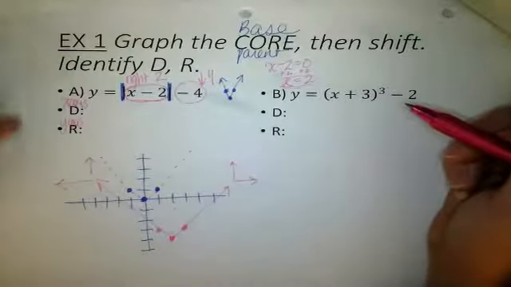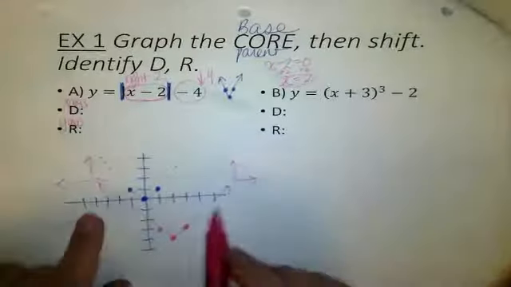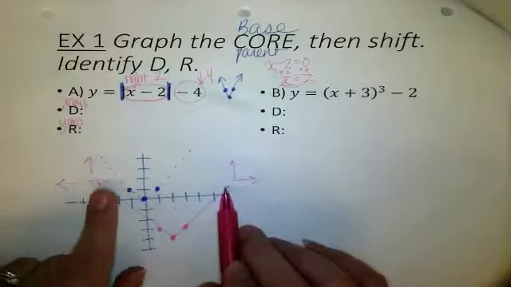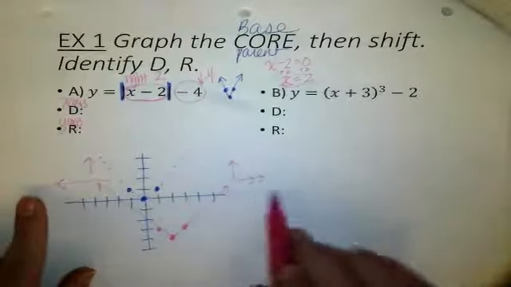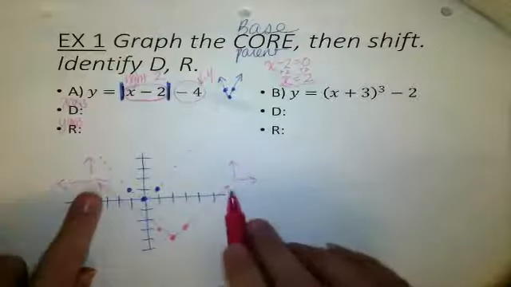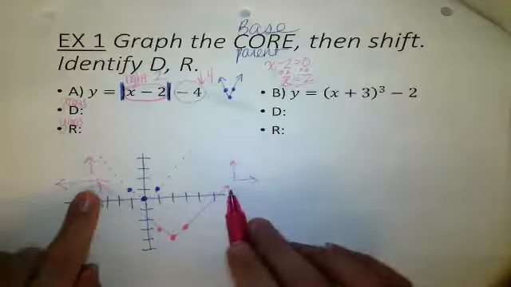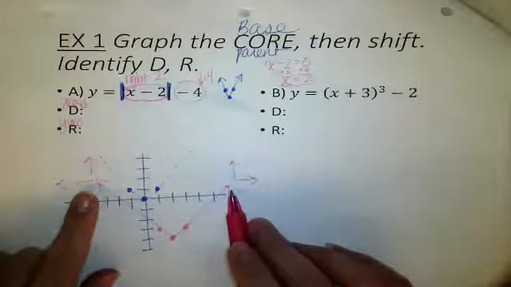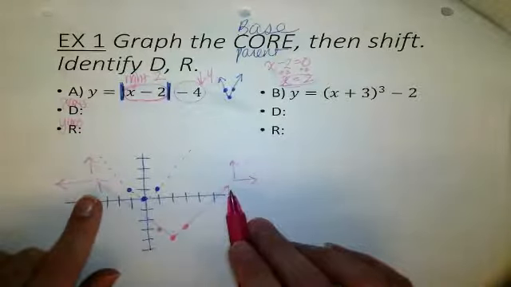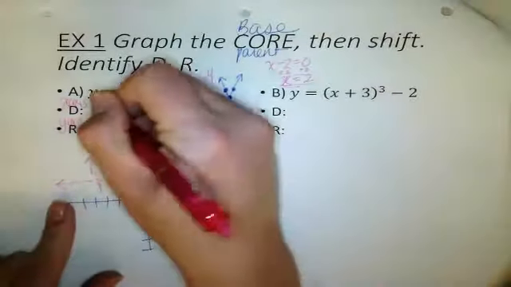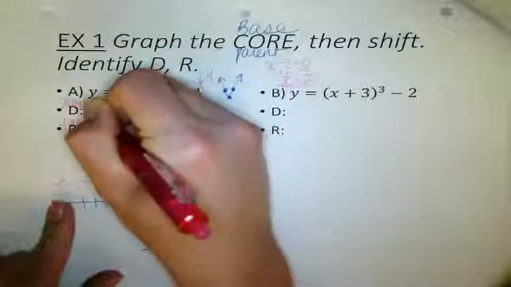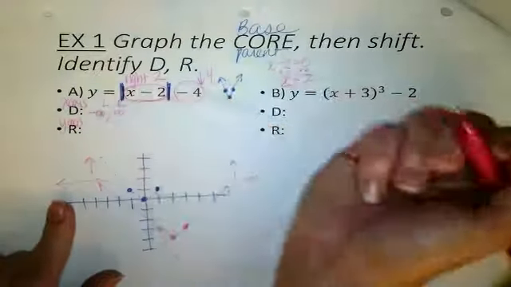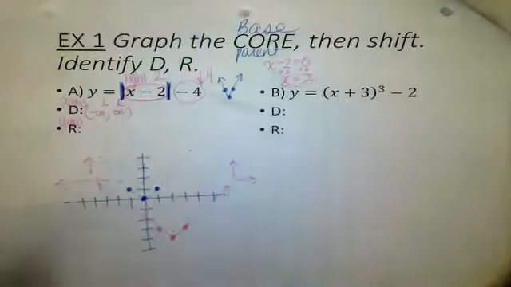All right, it's alphabetical. So on the x-axis, when we're looking at this pink graph, how far to the left and how far to the right do those pink lines go? How far left and how far right? Infinity. Negative infinity to positive infinity, we use parentheses because we can't actually touch that. We just get close.